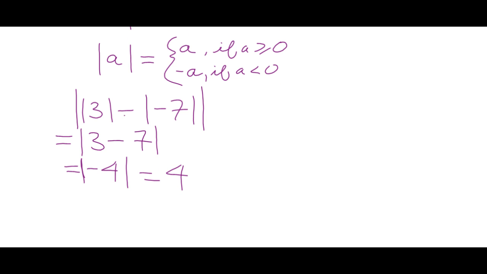Okay, try this one. 3 times the absolute value of negative 5 plus 2 times. Work that out. Again, just treat the absolute value sign like a set of brackets.